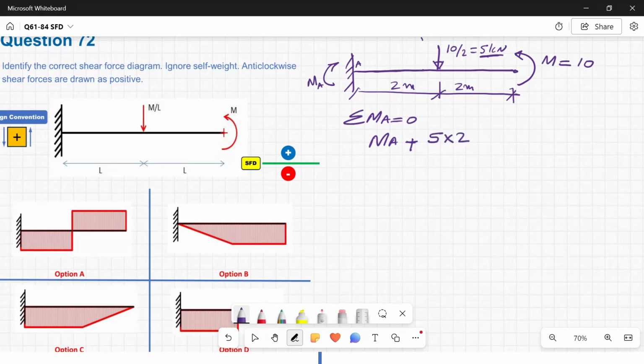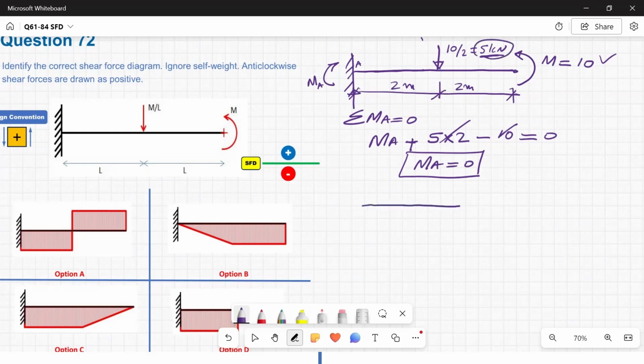This is a clockwise moment, so that's why it is positive. And at the end, we have an anti-clockwise moment. That's why it is negative, equal to 0. These two values cancel out. So MA is equal to 0. We don't have any reaction moment, and the reaction over here will be equal to the load applied.